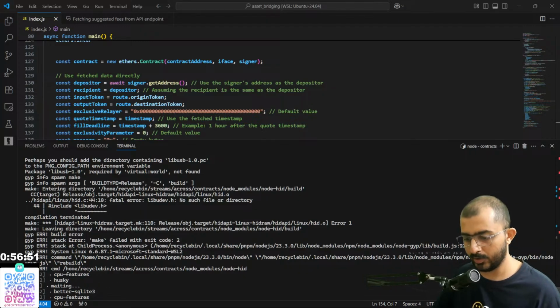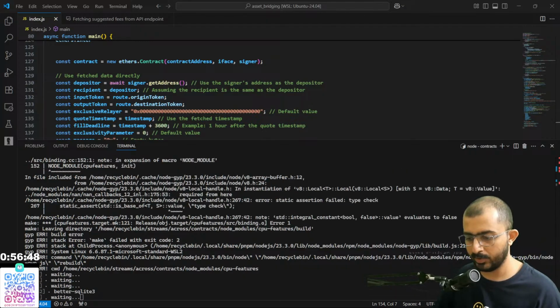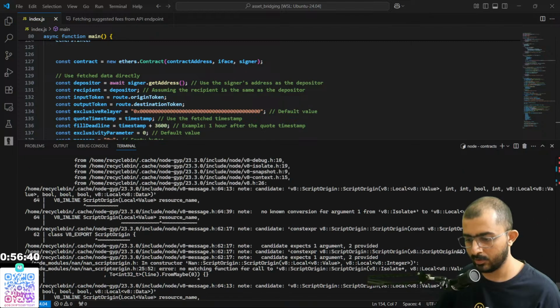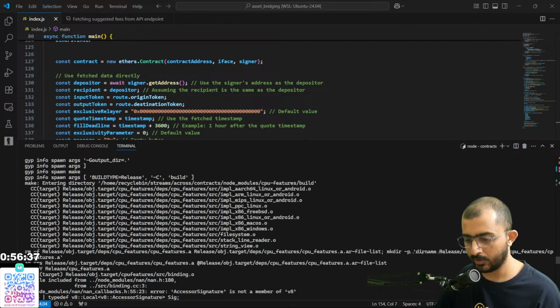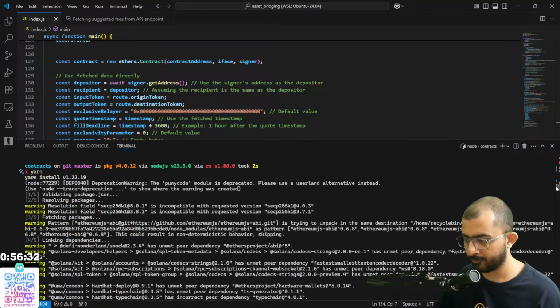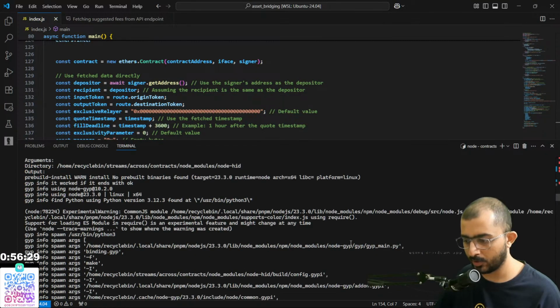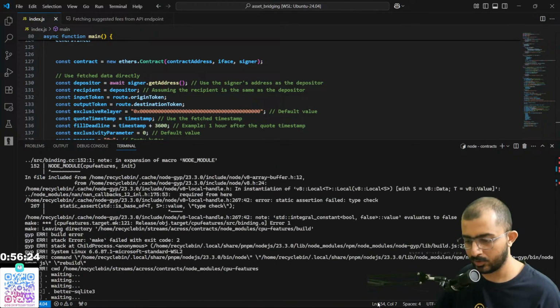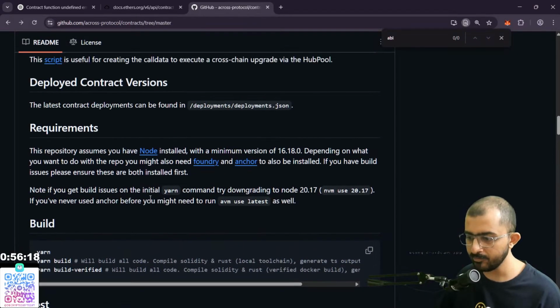We are just waiting for everything to be installed. I'm pretty sure a lot of things failed. I don't know if it's because I don't have things correctly installed or what's up. Foundry, Anchor. Okay, Anchor is a lot.